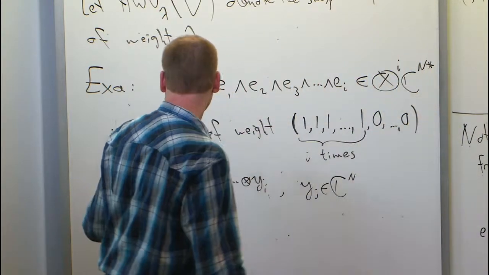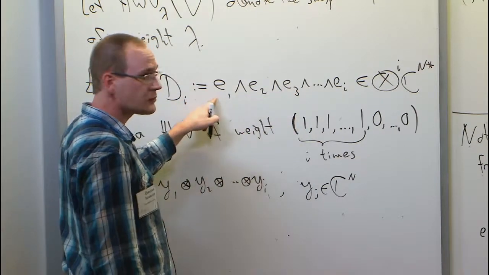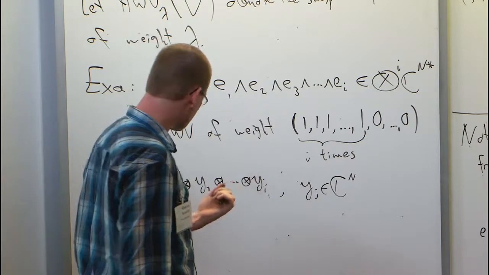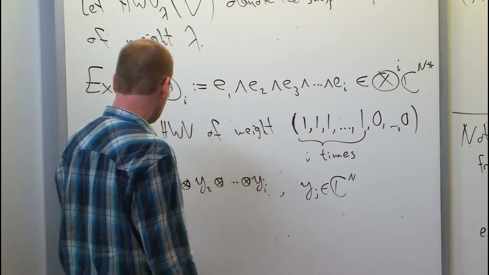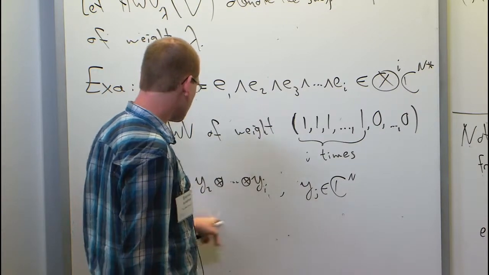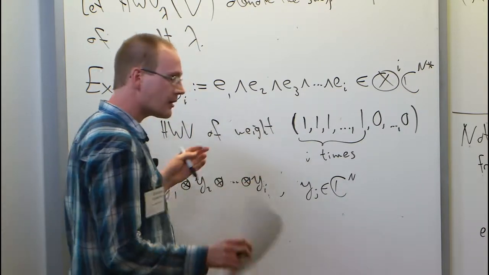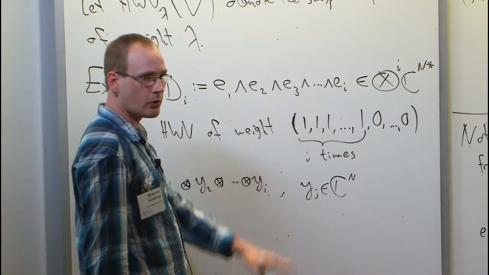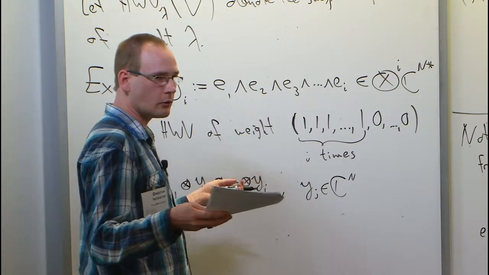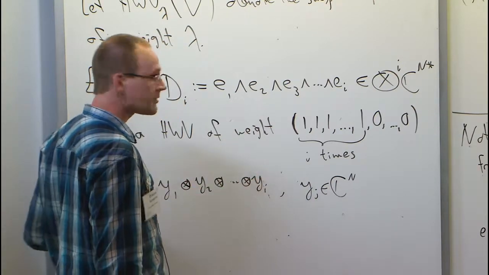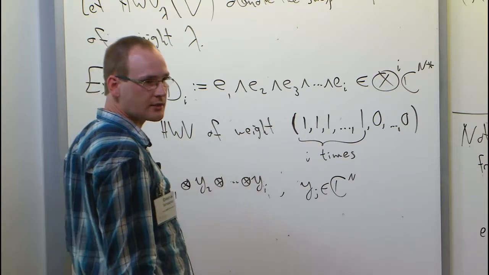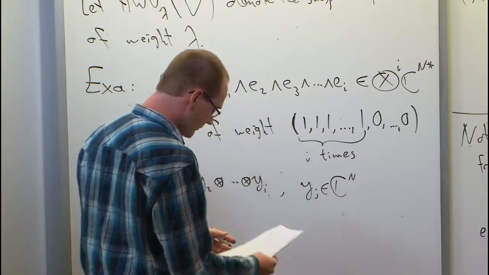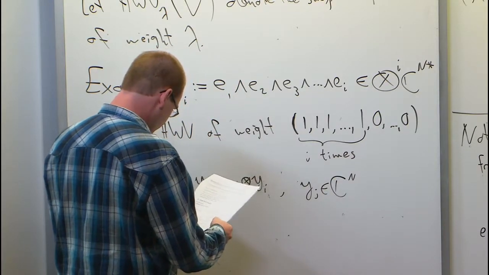If you contract this, it gives you a determinant of an I by I matrix. You take your vectors y1 up to y_i and write them in a matrix, so they have I columns, but still n rows. You only take the upper I rows, which gives you a square matrix, and you take its determinant. This is exactly what the contraction is.